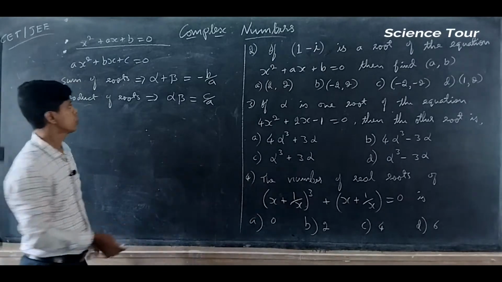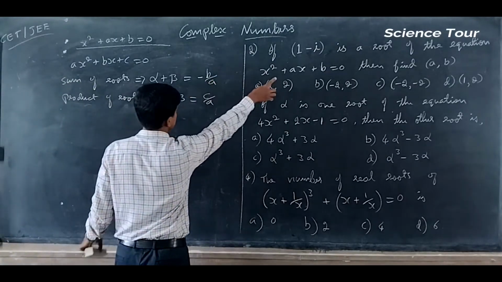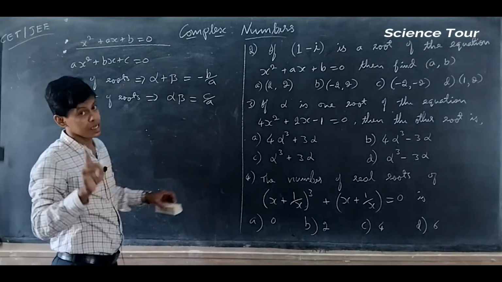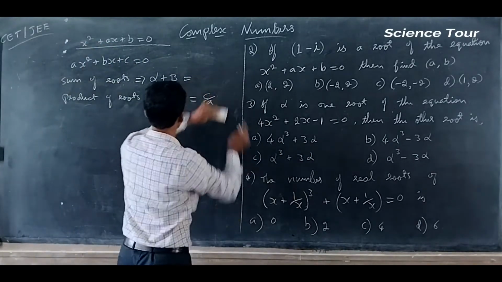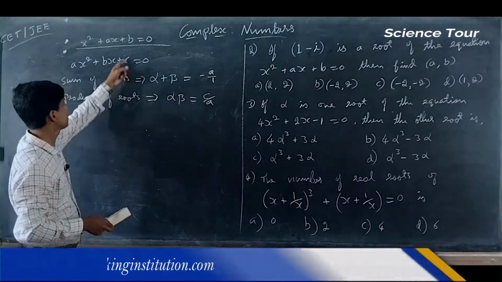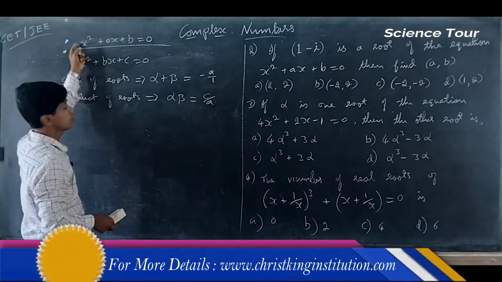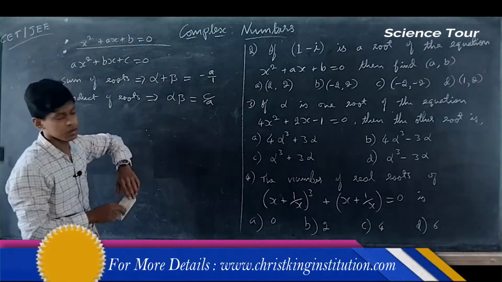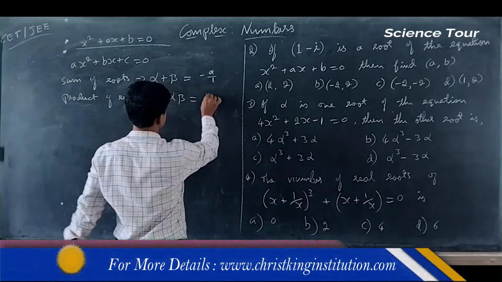Sum of the roots will be minus b by a. So what is minus b by a? Minus a by 1. So this will be minus a by 1. And what will be c by a? In place of c what do you have? b. In place of a you have 1. Therefore c by a will be b by 1.